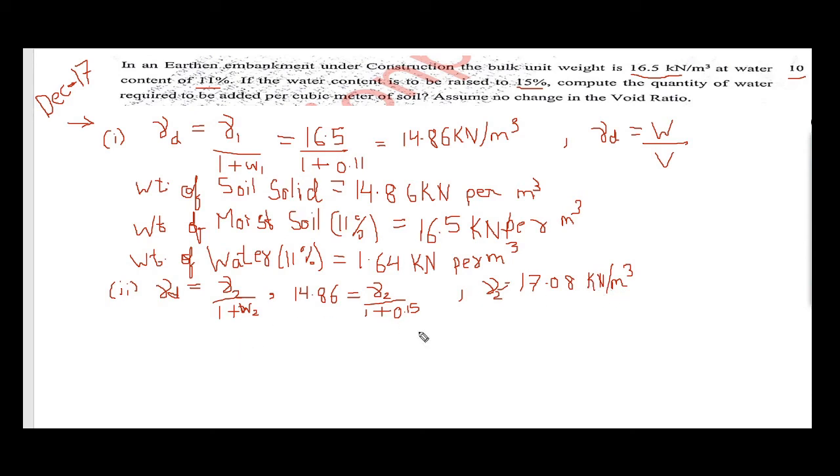The weight of moist soil at 15% water content will be 17.08 kilonewton per meter cube.